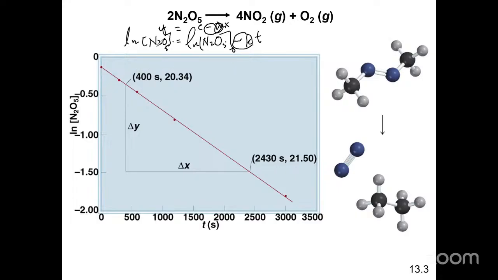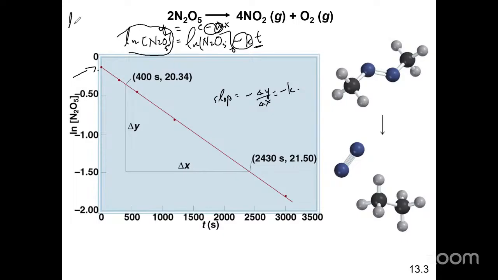So basically, if you plot the natural log of N2O5 concentration versus time, you're going to get a graph with a negative slope. As you can see here, this is a graph. And the slope, of course, would be minus delta y over delta x, all right? And that would be equal to minus k. So that's how you can get the rate constant. Here is the intercept on the y-axis that will give you the natural log of the initial concentration of N2O5.